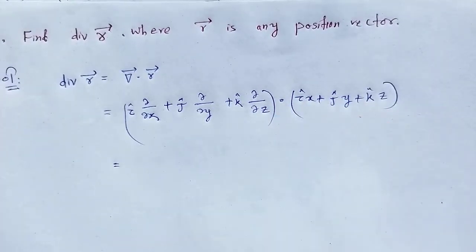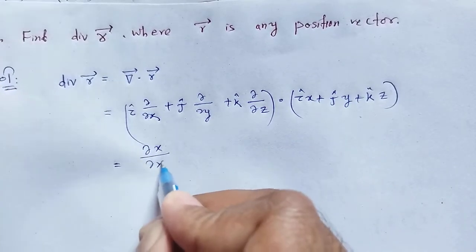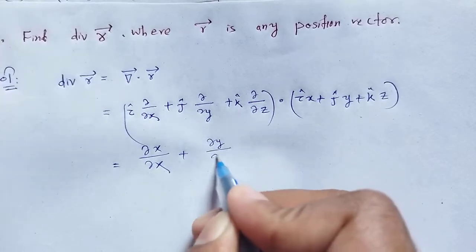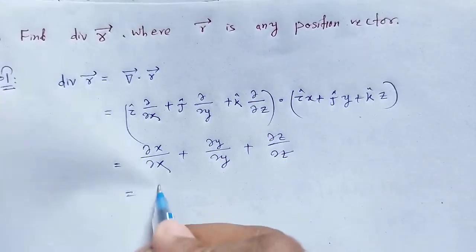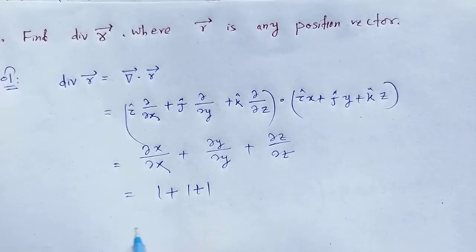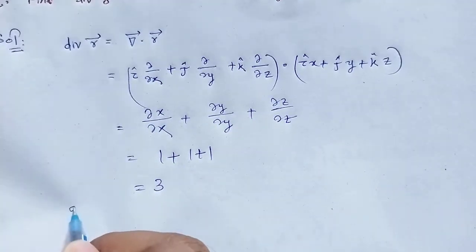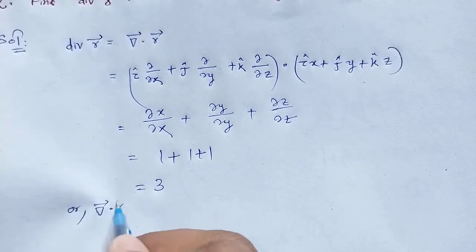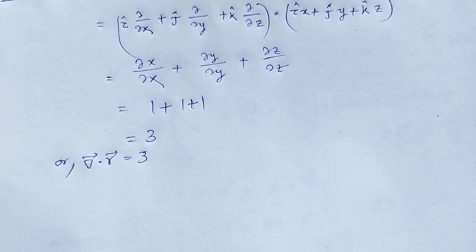The result will be del x by del x, del y by del y, del z by del z. That will be 1 plus 1 plus 1, that is 3, or that is grad dot R is equal to 3. Now question number 2.